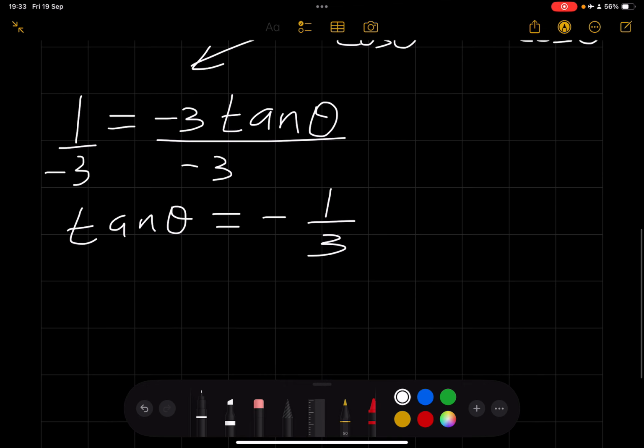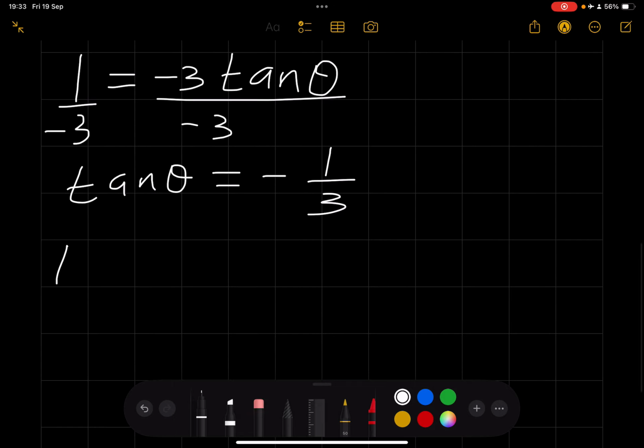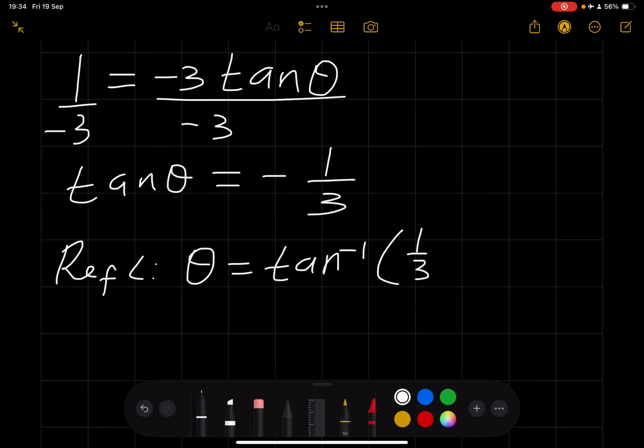All right. So now, ladies and gents, we need to do the reference angle. Remember, the reference angle: we're going to say theta equals to shift tan positive 1/3. When we do the reference angle, we always include a positive number. Even if the value was negative, we are going to ignore it when we do the reference.